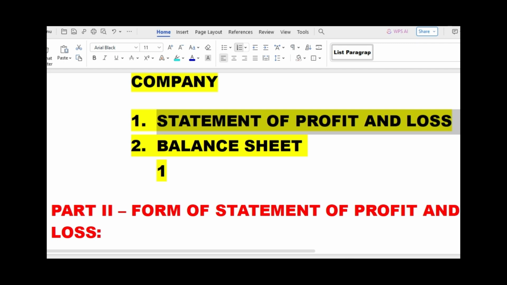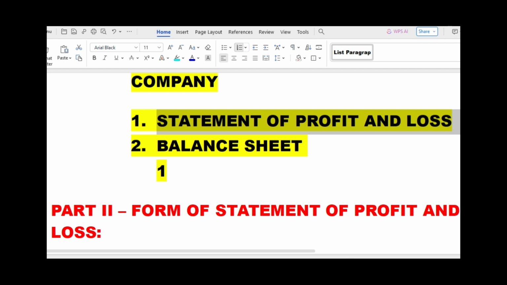Ultimately we record the accounting transactions, pass the journal entries, and prepare the ledger accounts and the trial balance, so that it becomes easier for the business to prepare a statement of profit and loss and balance sheet. And these two statements are ultimately the final product. So all this accounting process is done for these two statements, for any particular accounting period.